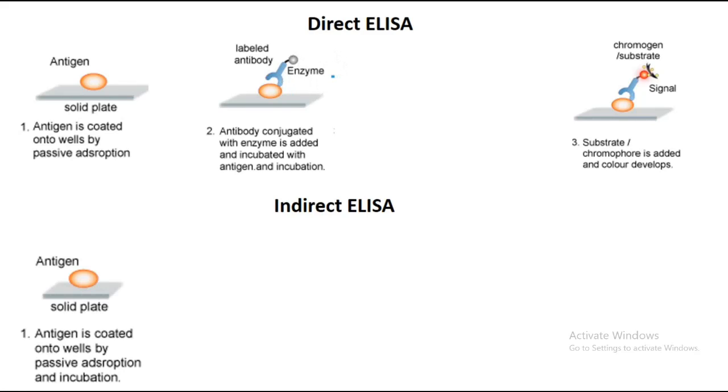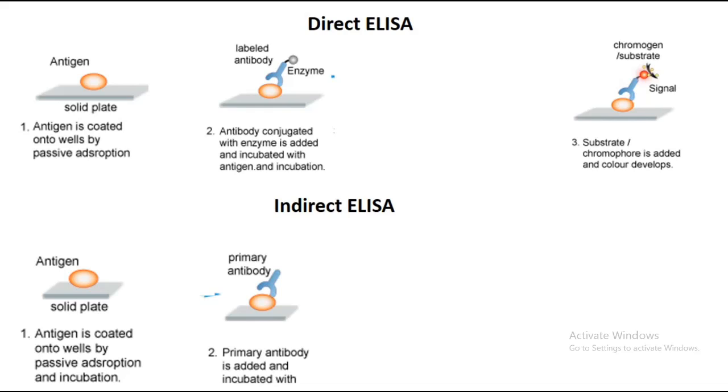Whilst an indirect ELISA is the same concept where you have the antigen, the company puts on the antigen and adheres to the plate, and then you add your blood sample, which contains an antibody that you're interested in, for instance, an antibody against HIV.